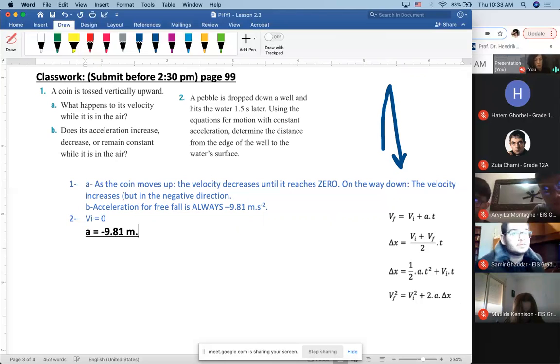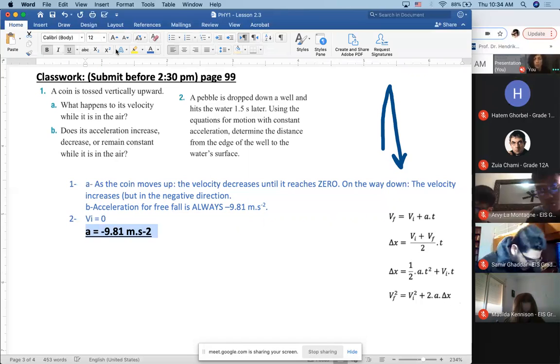So every time I have free fall, I have to use this. All right, what other givens do we have? 1.5 seconds. What's this? When it hits the ground. That's the time, okay? So I'm gonna write time is equal to 1.5 seconds.